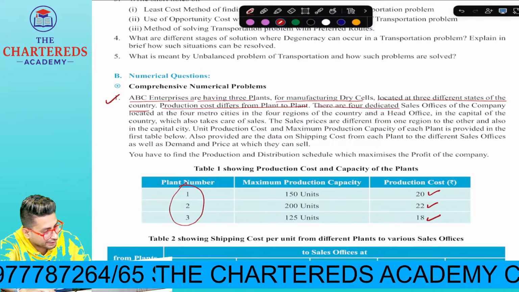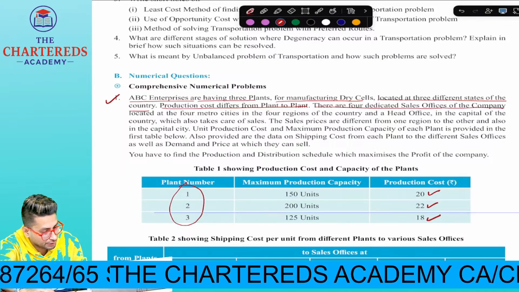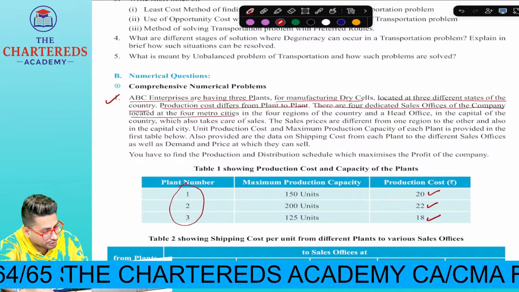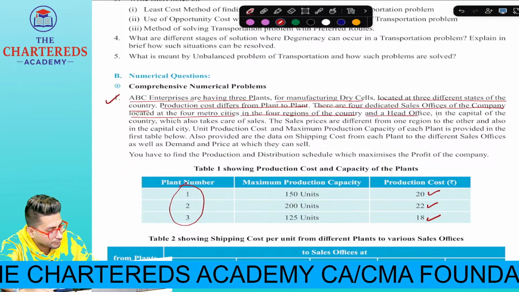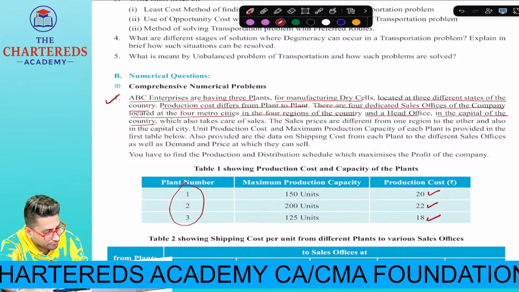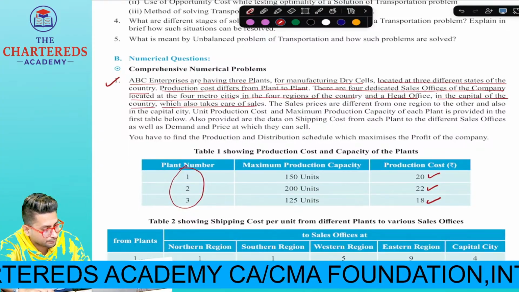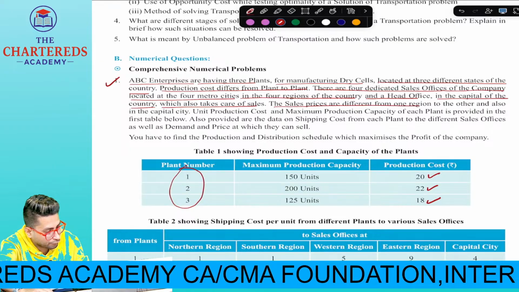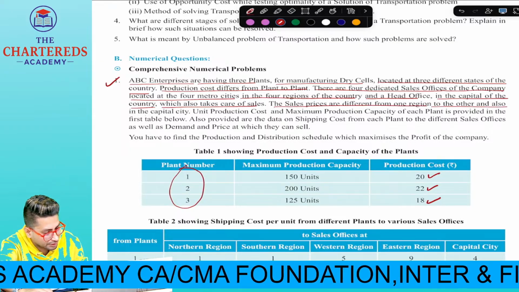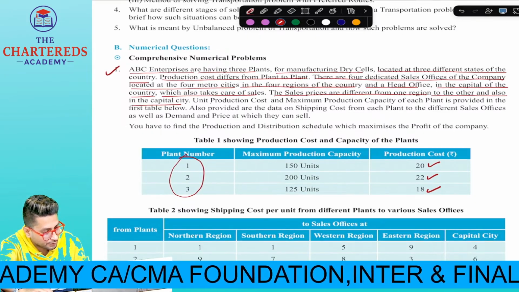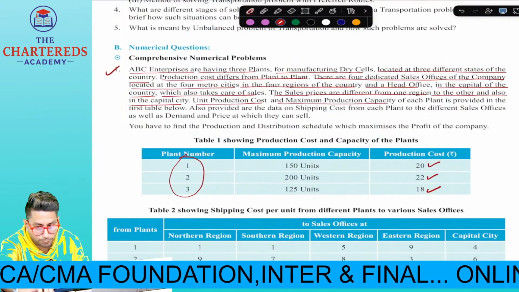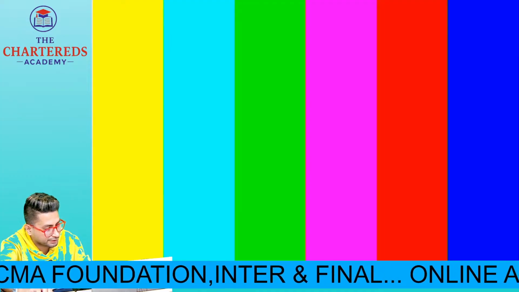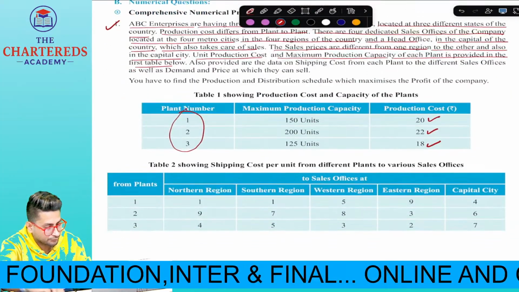There are 4 dedicated sales offices of the company located at 4 metro cities in the 4 regions of the country, and a head office in the capital of the country, which also takes care of sales. The sale prices are different from one region to the other and also in the capital city. Unit production cost and maximum production capacity of each plant is provided in the table below.